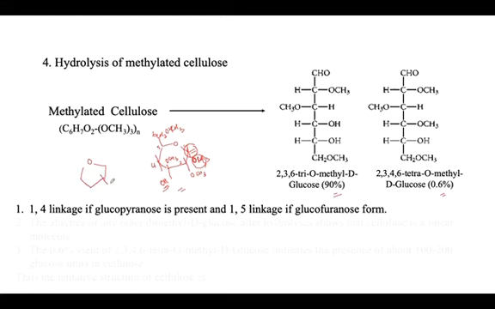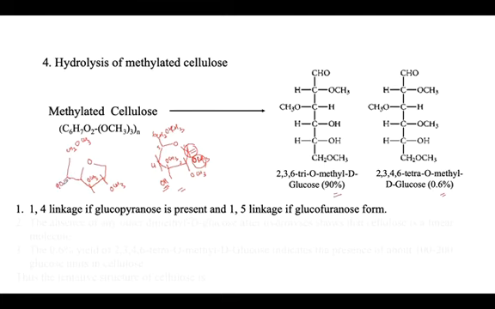We have 2 OCH3, 3, and then 6 OCH3. In this case, since we don't have the 4 position available here, the position available is 5.